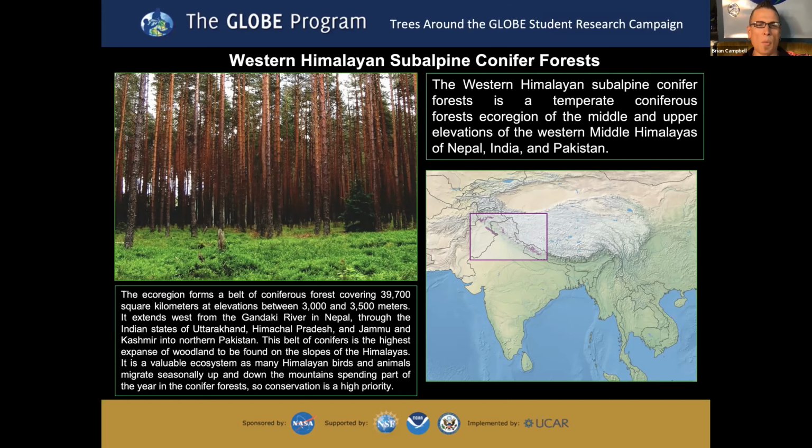Primarily, they go through the Indian states of Uttarakhand, Himachal Pradesh, Jammu, and Kashmir, and northern Pakistan. You can see it's a belt of conifers that basically covers just under 40,000 square kilometers at elevations between 3,000 and 3,500 meters. And we have some folks here from India, including our speaker Yashraj, and we have Desh and a couple other folks here.